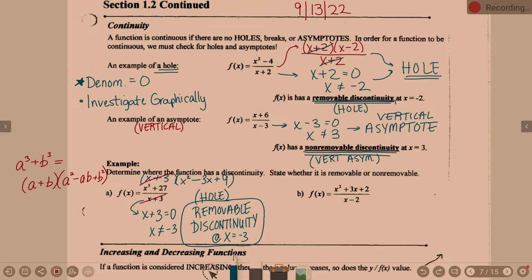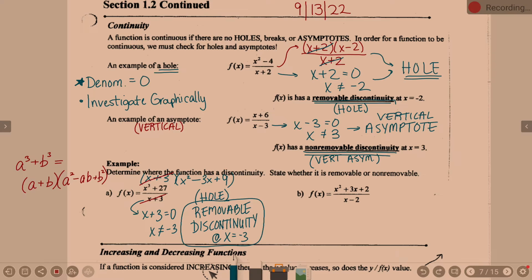What does it mean when it's removable and non-removable? So removable and non-removable are just two names to classify. When I think removable, I mean it's a hole, obviously. And so I think, like, I could remove a hole, I could plug a hole. It's kind of my weird way of thinking about it.